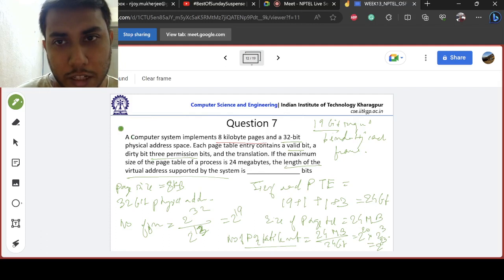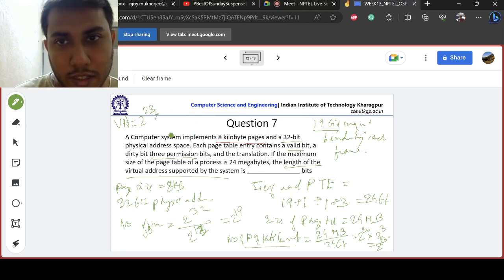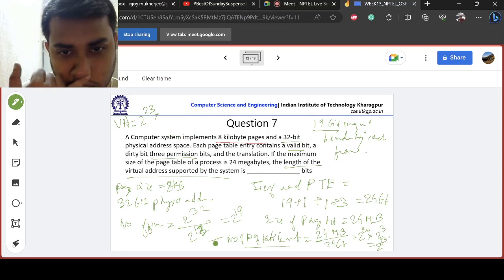So the virtual address space will be, that is the total number of page table entries, 2 to the power of 23, times the size of each page. The size of each page is 8 KB.